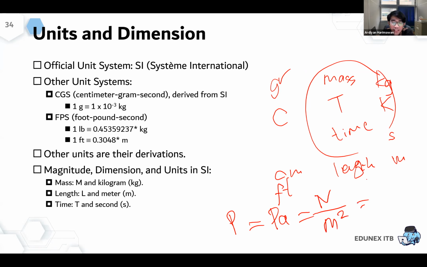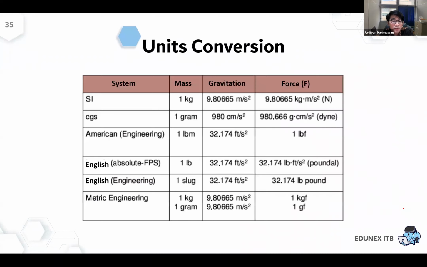And then Newton will be kilogram meters per square second. Yeah, you need to refresh your memory about the unit conversion, because in this subject, maybe later in the exam, you need to do the conversion.